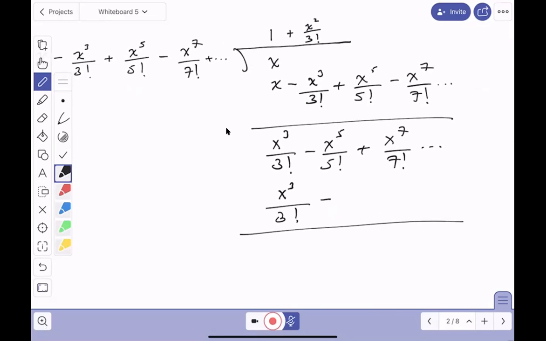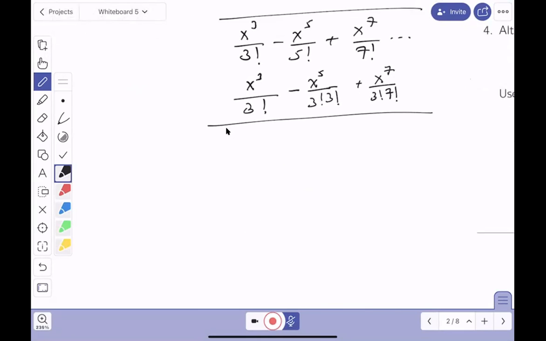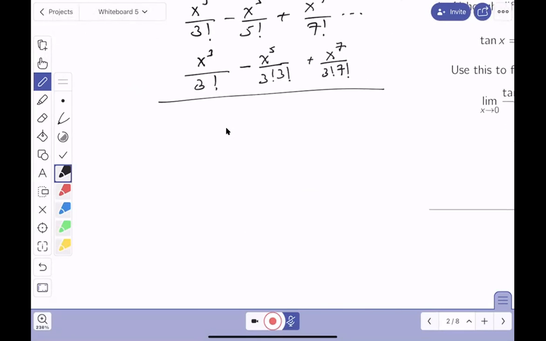Minus, ooh, it's going to be a tough one. x^5, yeah, wow. And then you get 3 factorial, 3 factorial. Boy, this is going to be tough. Plus x^7, 7 factorial, 3 factorial. All right. I got work to do.